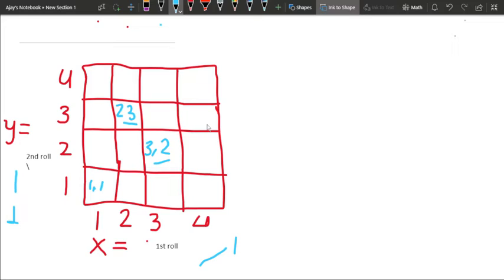Okay, so I'm creating a map. Here is a line, and there is a line, and here is a line.